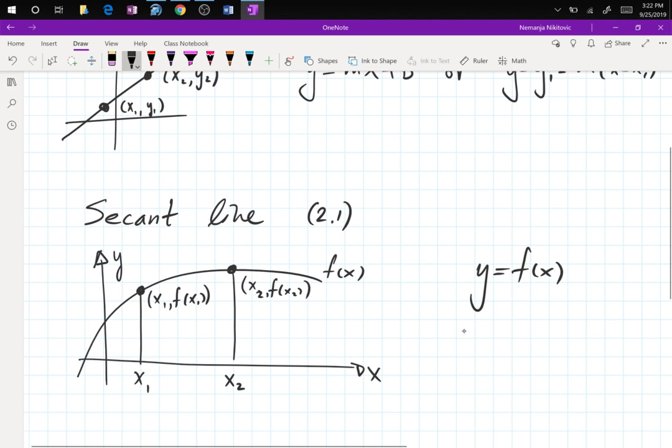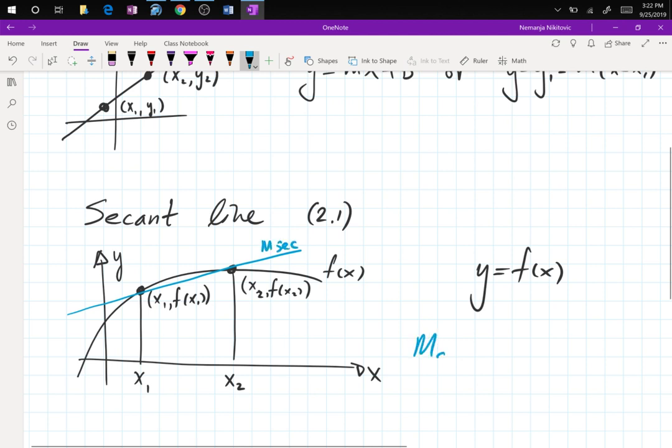Before I do that, I have to connect these 2 points with a straight line. That line will have a slope m, and I can calculate that slope, so we'll call this one m secant.